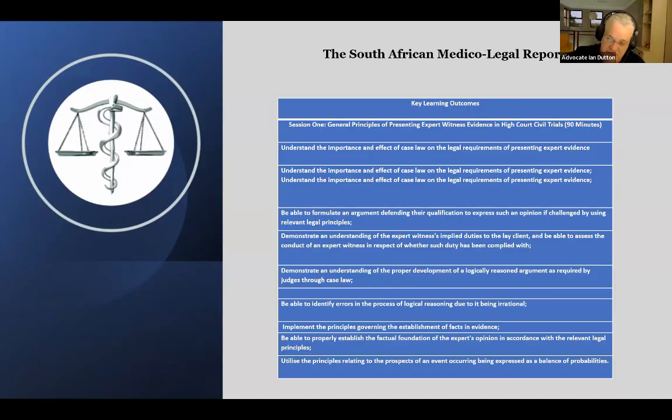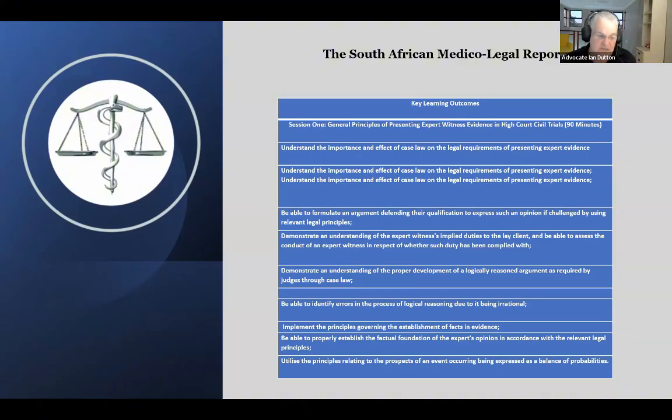This duty is distinct from your duty to your attorney and is distinct from your duty to the court. So there are a number of areas where you have duties when you involve yourself in a trial as an expert witness. The area of duty that we explore in that particular skill is an understanding of the implied duties to the lay client.